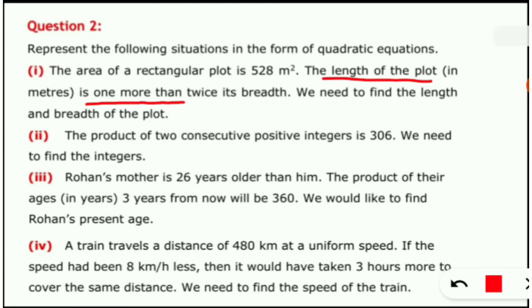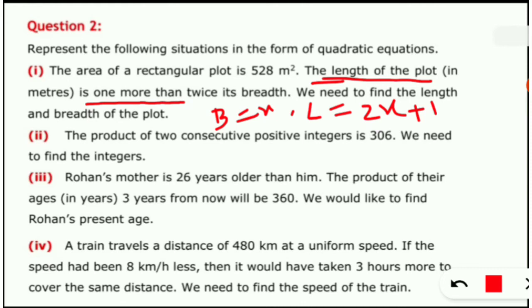That means let the breadth of the rectangular plot be x, then length is 1 more than twice its breadth, that means twice x, and 1 more, that means 2x + 1. Because here it is written the length of the plot is 1 more than twice its breadth.